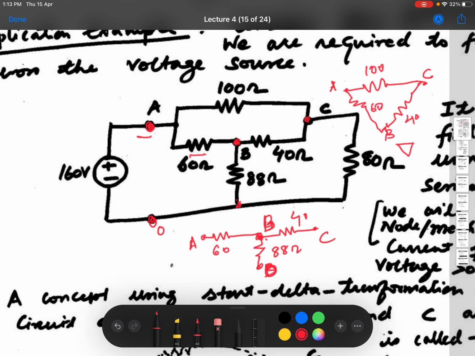So this also is connected neither in series nor in parallel, but this connection is different from the delta, and it is called a T connection or Y connection because its shape resembles a Y.